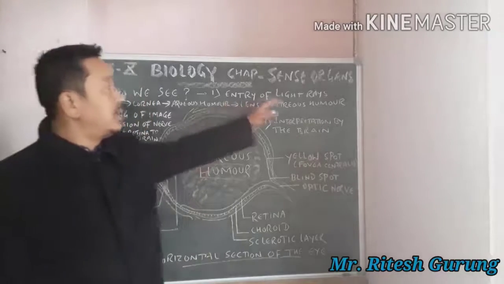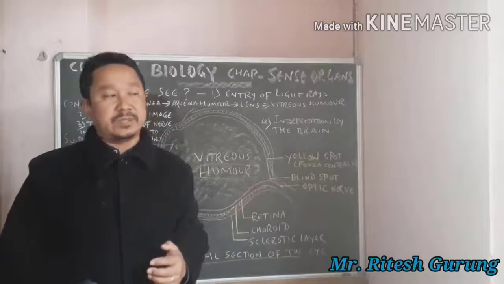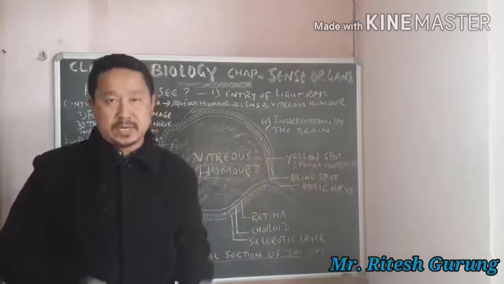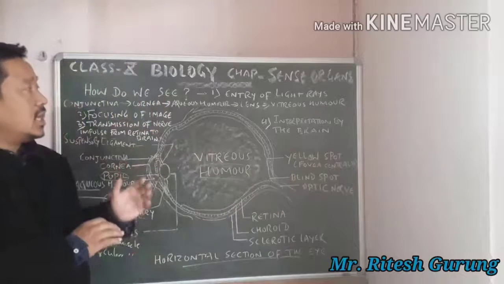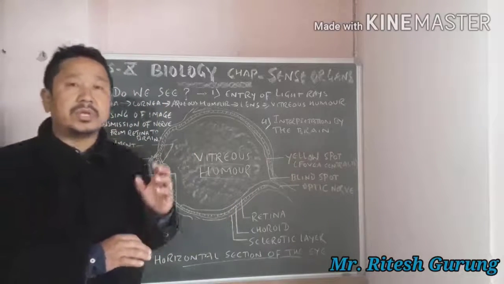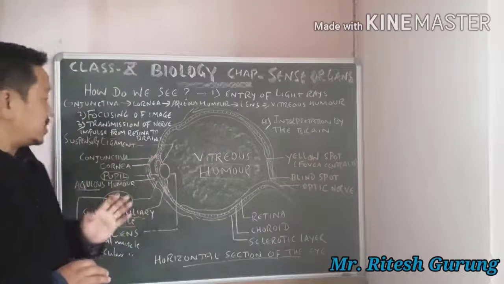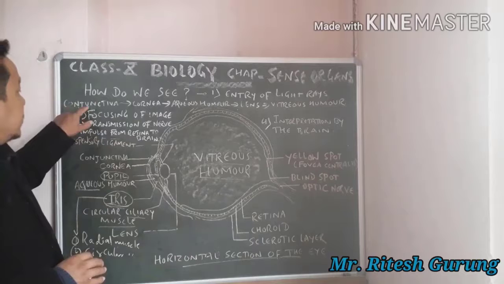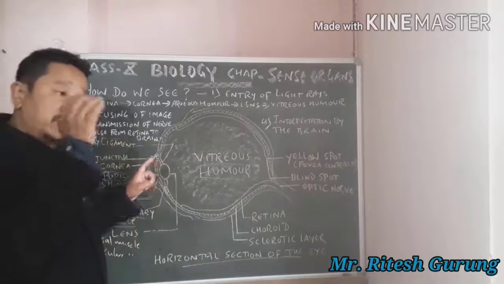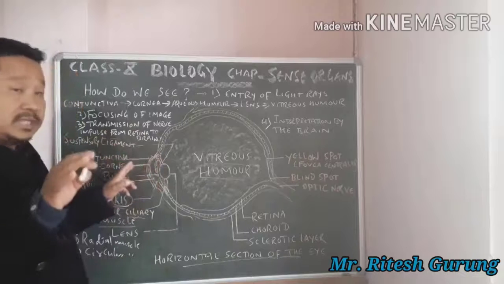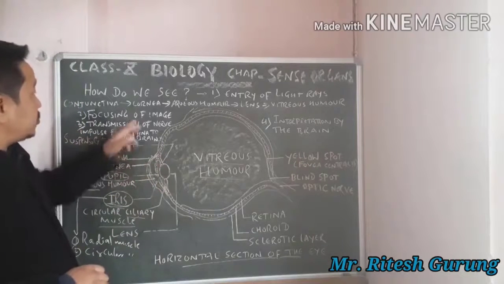See, entry of light rays means light from an object, that means whatever object you are looking at. Light from that object passes through a number of transparent structures of the eye, which we have discussed before. You see the conjunctiva, a thin membrane covering the frontal part of the eye. Through the conjunctiva, the light passes to the cornea.